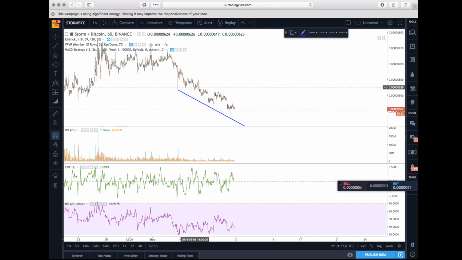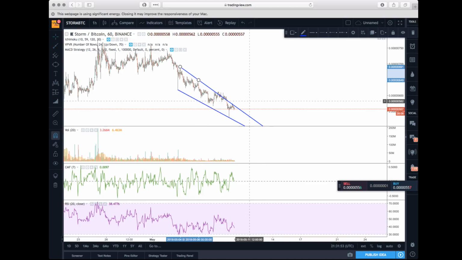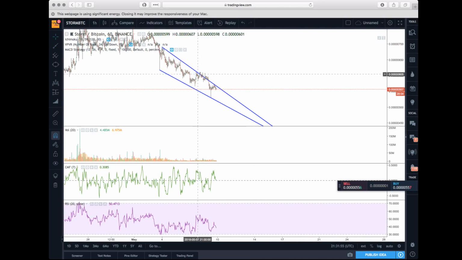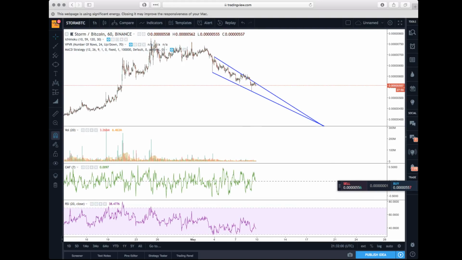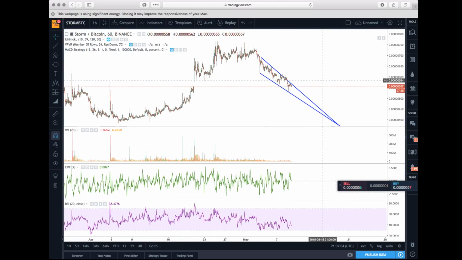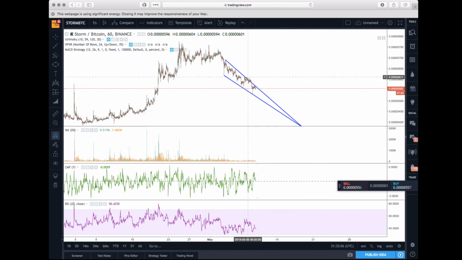Now, this is one of the things that there's a certain amount of subjectivity to where you draw these lines. And I always like to play with a few different things and see what it looks like. This is one option, and that looks like a descending wedge.